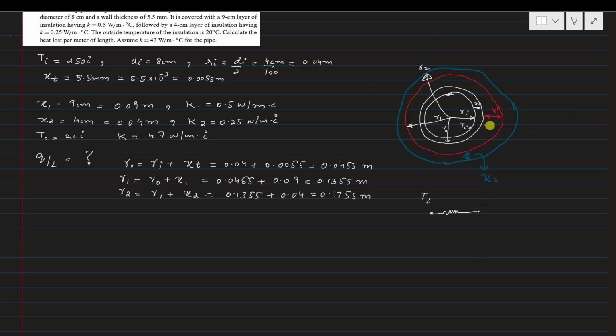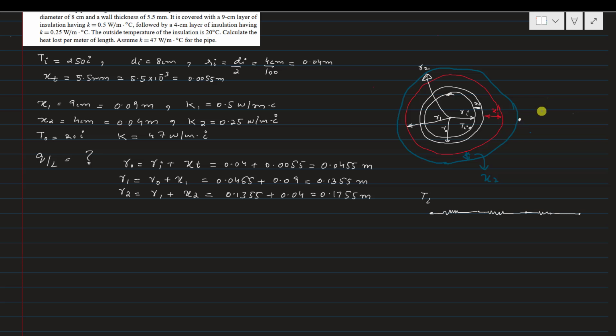Then heat transfer will occur through the first layer of the insulation. So obviously it will offer resistance to the heat transfer. And then the second layer of the insulation, and then finally here the outlet temperature.